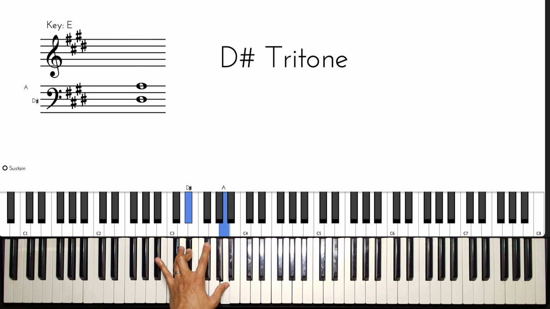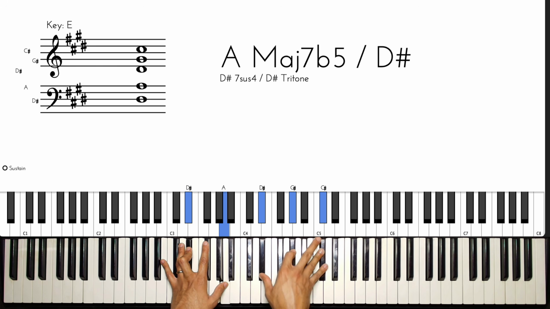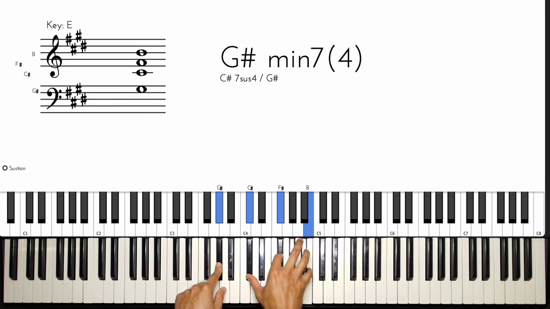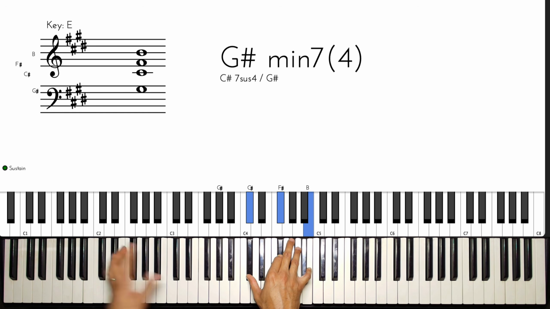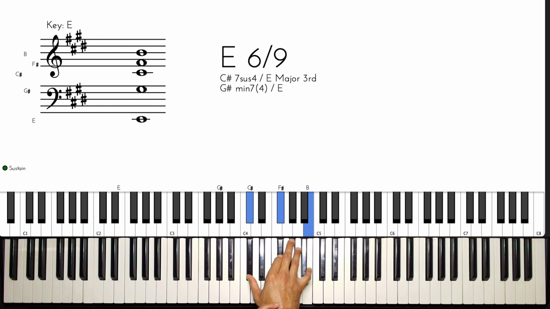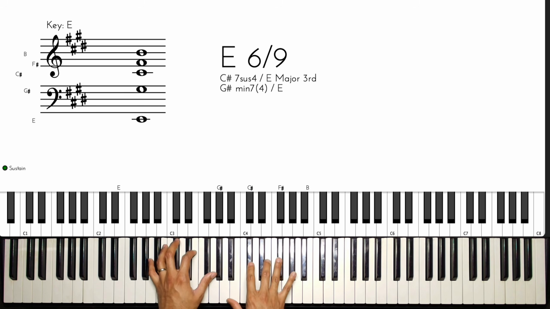We're just playing that rootless B7. And the right hand is going to play the 3rd of that B, the 6th, and the 9th. And we could technically finish it off on a rootless voicing like this, which would be implying an E6-9, okay? So all together.